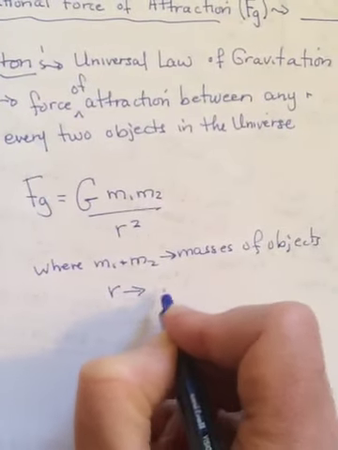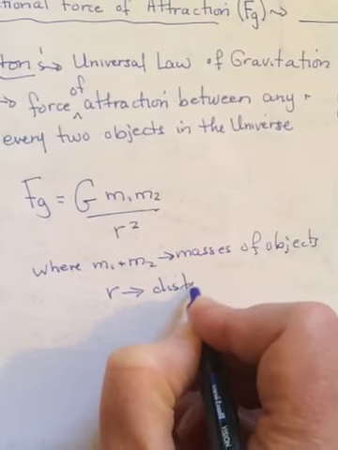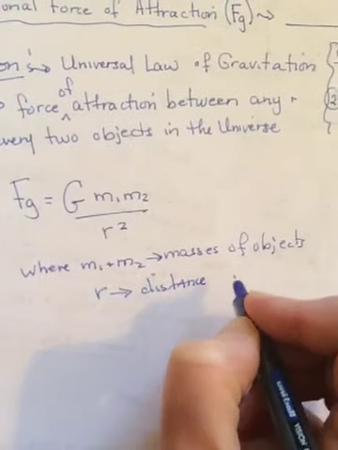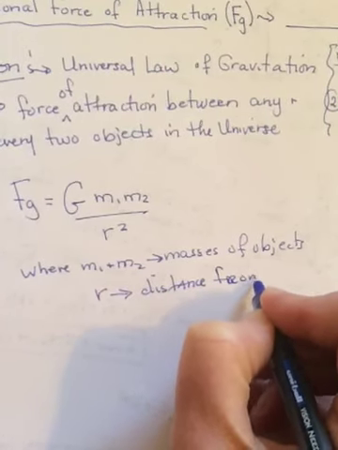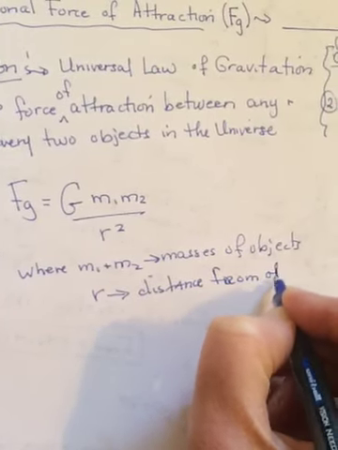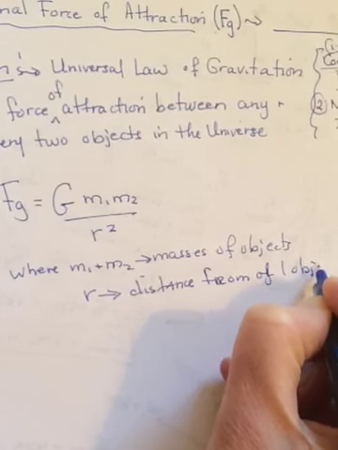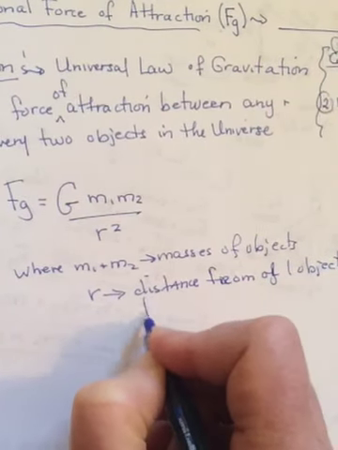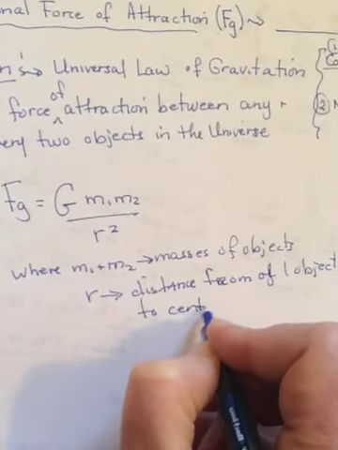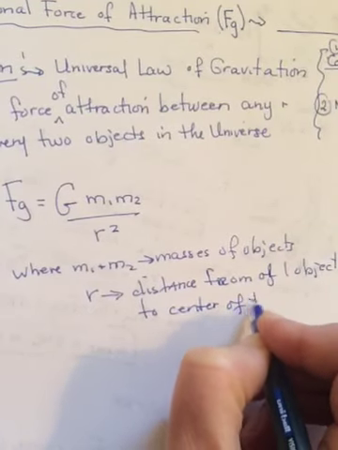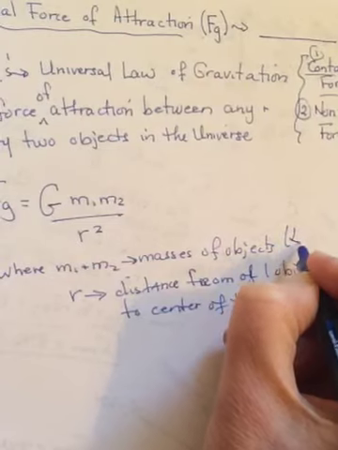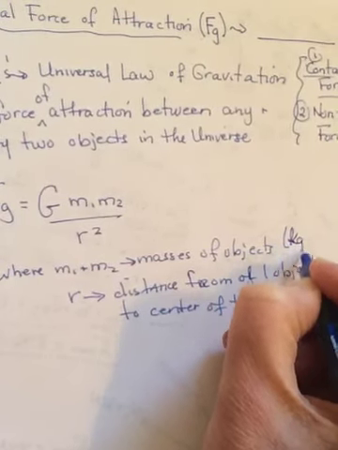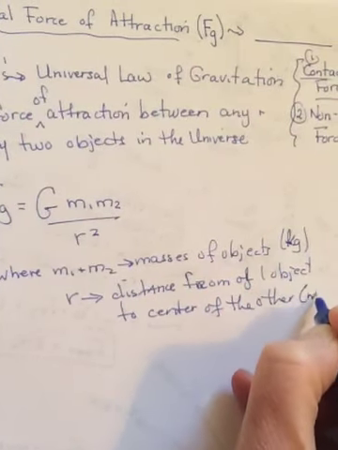R is the distance from the center of one object to the center of the other. And of course, mass is measured in kilograms, and distance is measured in meters.